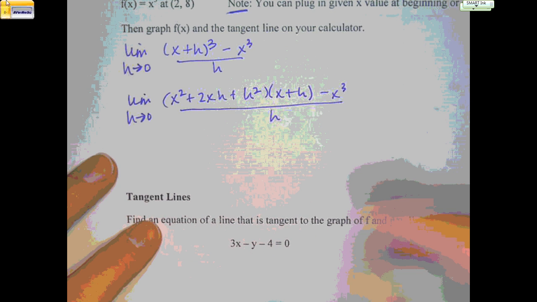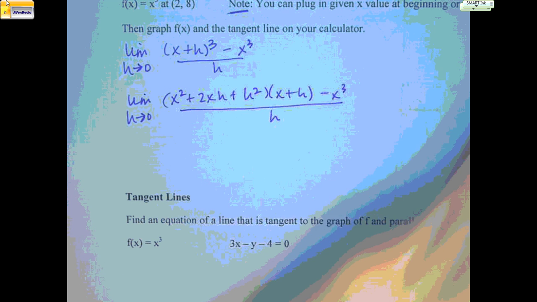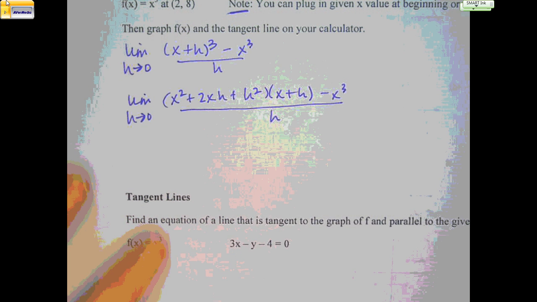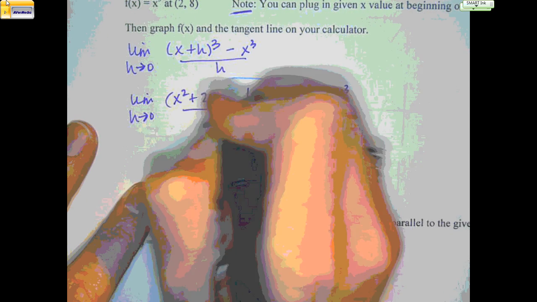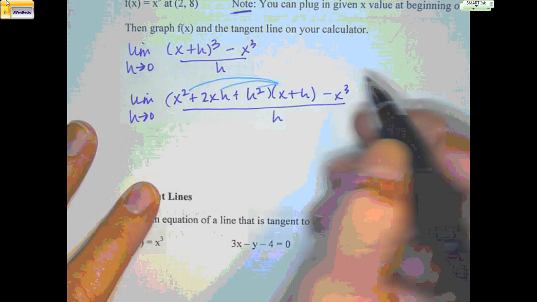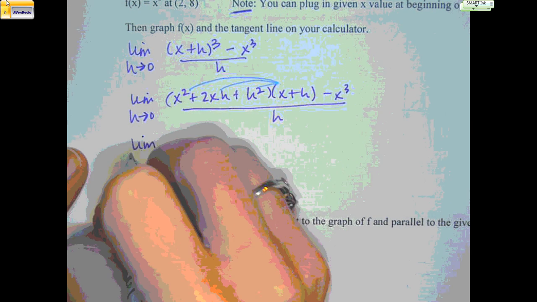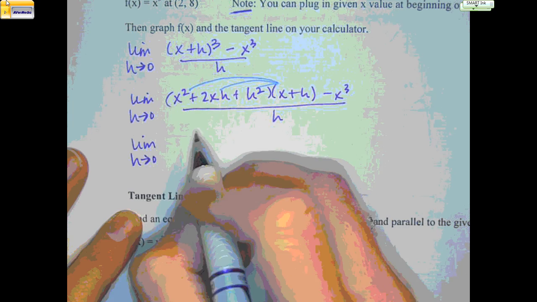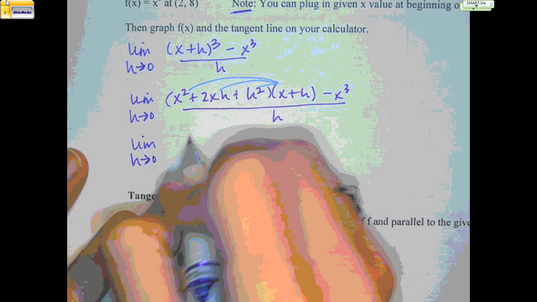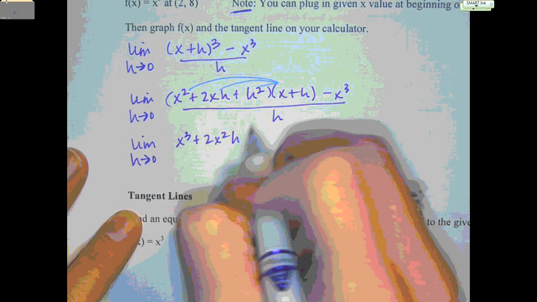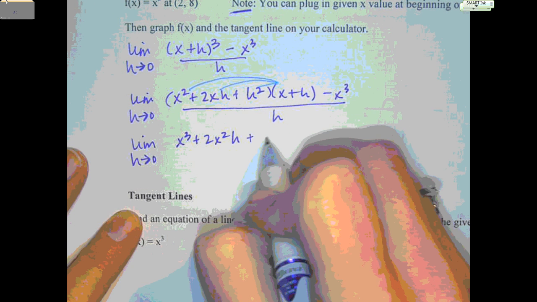And I don't know how you guys like to stay organized and do this. Where's my pen? I don't know where the other one went. But I always take everybody times x, and then I take h times everybody. So it's going to get kind of long, but that's okay. A bunch of it's going to go away in a second. So if we take everybody times x, we get x cubed plus 2x squared h plus xh squared.